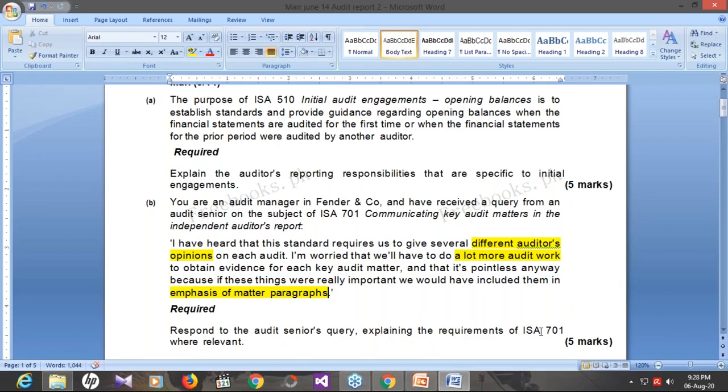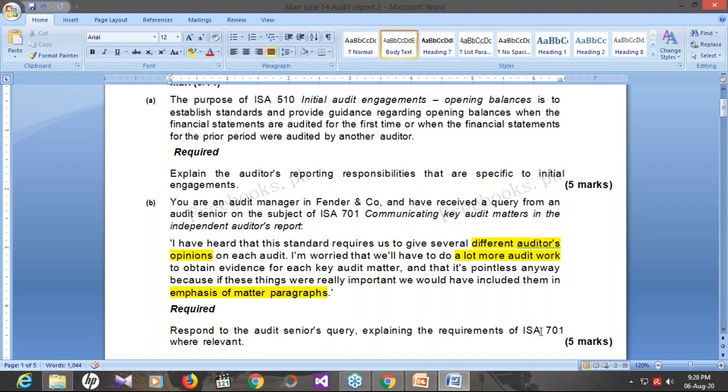The last point is why we need to include CAM when we have an emphasis of matter paragraph in our audit report. So you have to differentiate between the emphasis of matter paragraph and CAM. You should know that CAM is included according to ISA 701, and the emphasis of matter paragraph is included according to ISA 706.